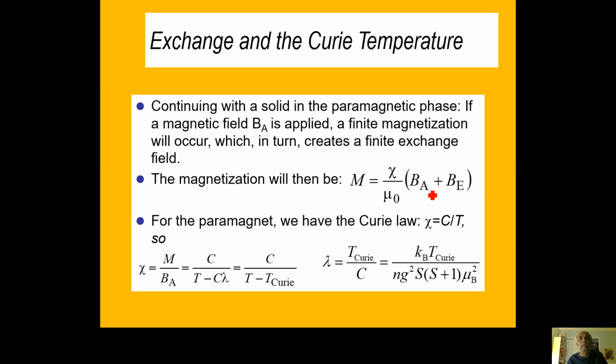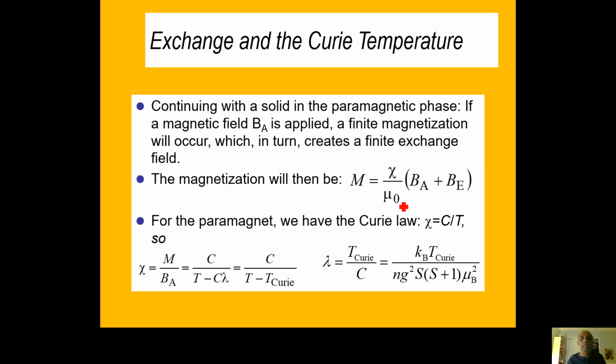That's the total magnetization. But we need to calculate the effective susceptibility, which is given by M over this applied field, right? To do that, we can simplify this equation, bringing BA to one side and BE, M to the other side.